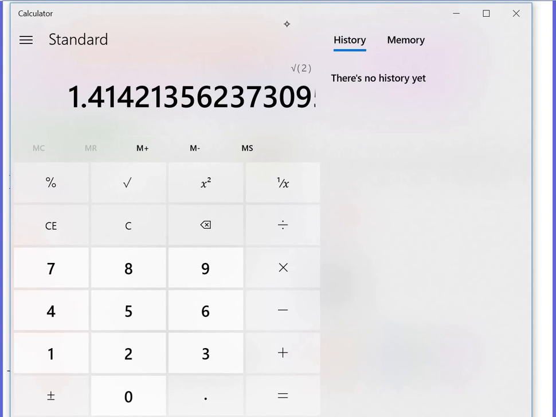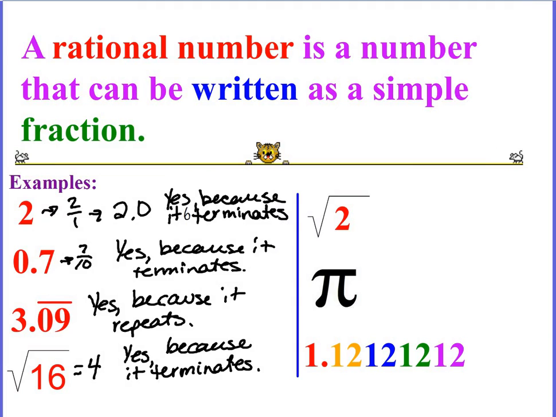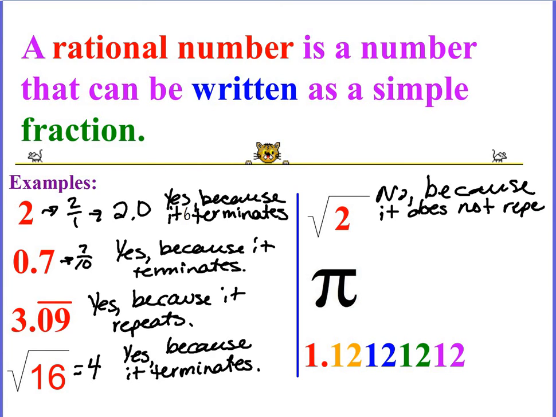There is also no repeating pattern in here. So the square root of 2 is not a rational number. So no, because it does not repeat or terminate.